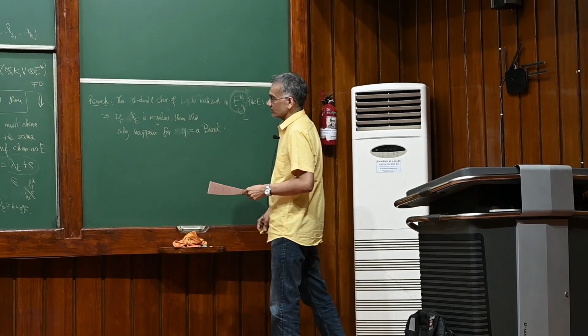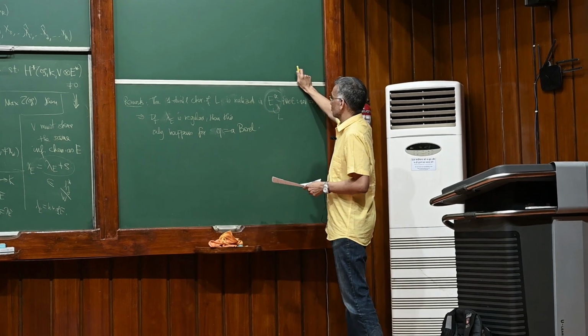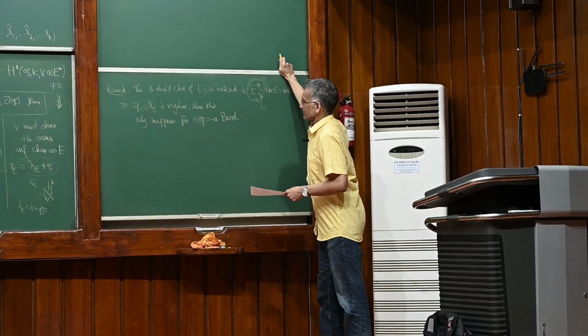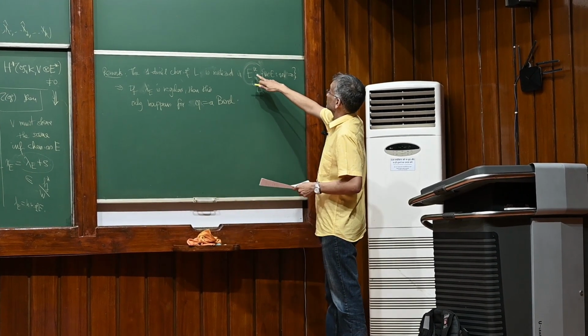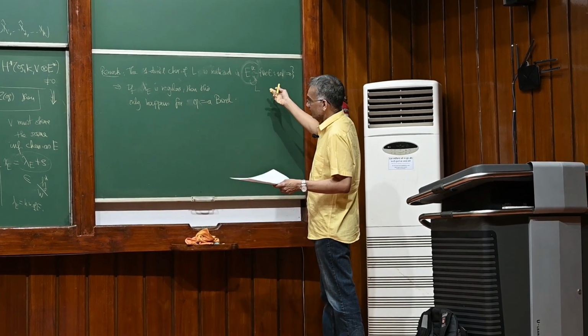So if your finite dimensional representation has regular highest weight, then the only parabolic subalgebra for which E_U will be one-dimensional will be a Borel subalgebra.